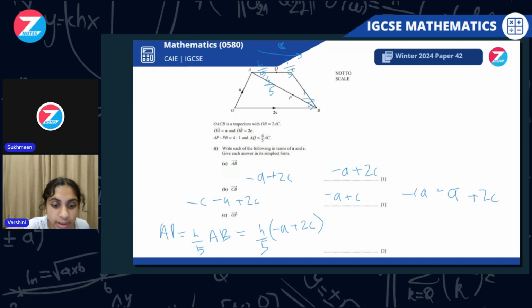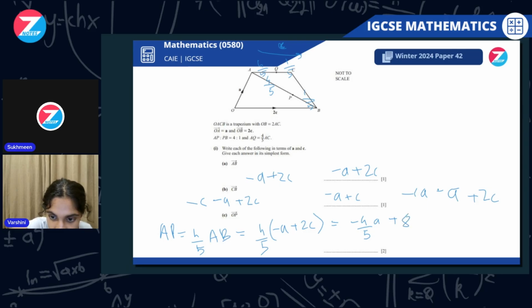So now we want to find, remember, not AP but OP. So we're going to make OA plus AP, which is going to give us OP. So we're just going to add A to this. And remember, they want the simplest form. So we're going to have to expand these brackets. So we're going to have to multiply 4 by 5 into both of these values. So it's going to become minus 4 by 5A plus 4 into 2, which is 8.